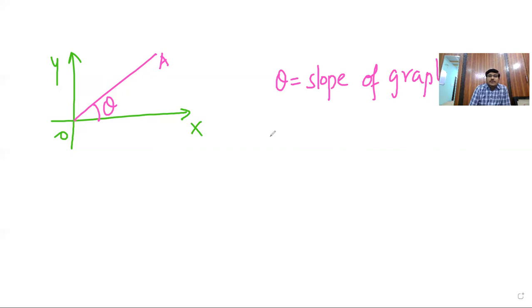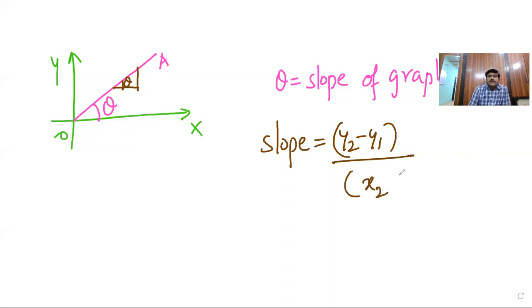How do we measure? Slope is y2 minus y1 by x2 minus x1.